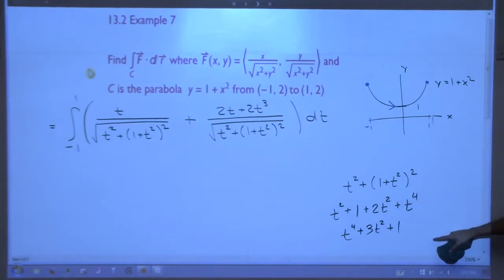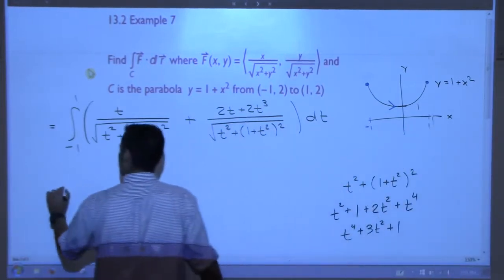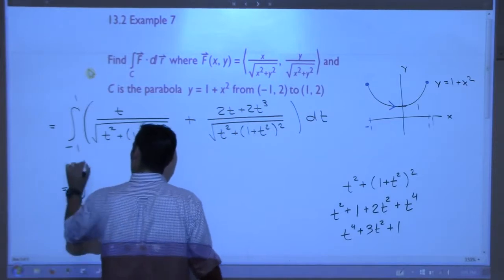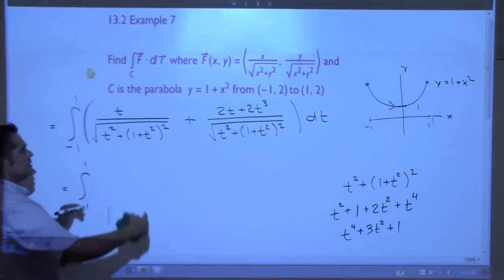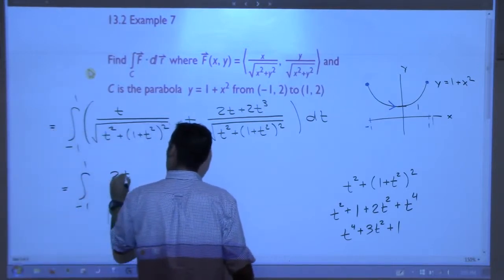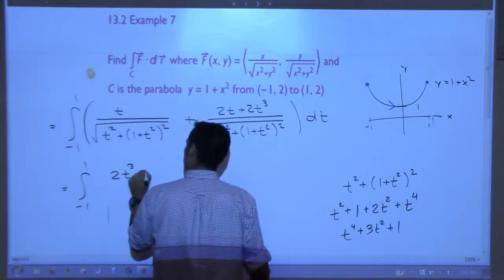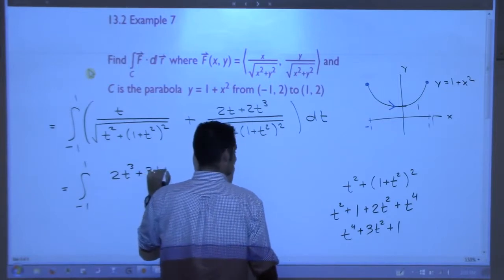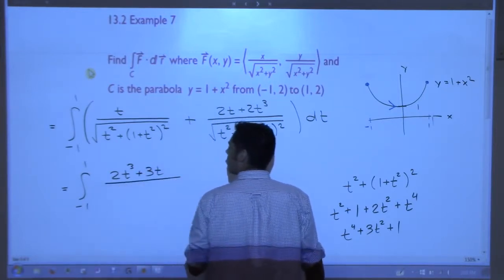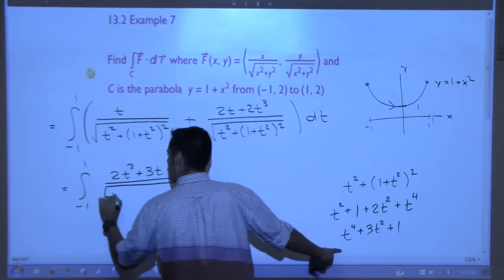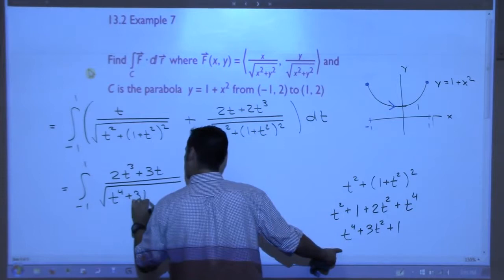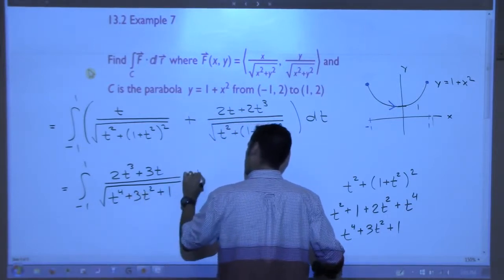We good with that? I mean, that's what it is, right? That's what it is? Okay, so this becomes integral -1 to 1. What does my numerator become? Because I can put those together, right? 2t cubed plus 3t over the square root of t to the 4th plus 3t squared plus 1 dt.